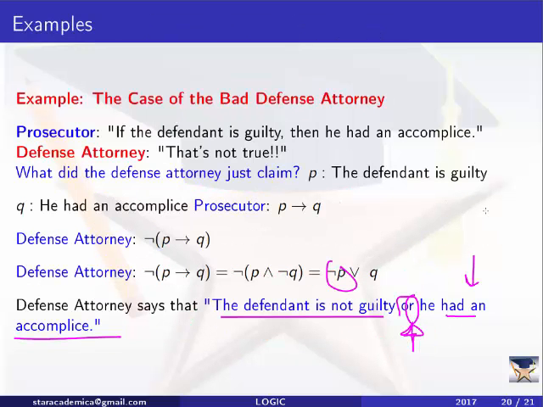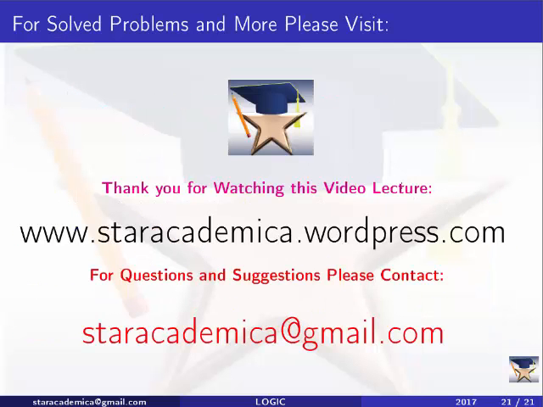So we have to be careful when we use logical statements or negations of these statements. It might not be good for the person if he or she is not using the negations correctly. So this is it for today.